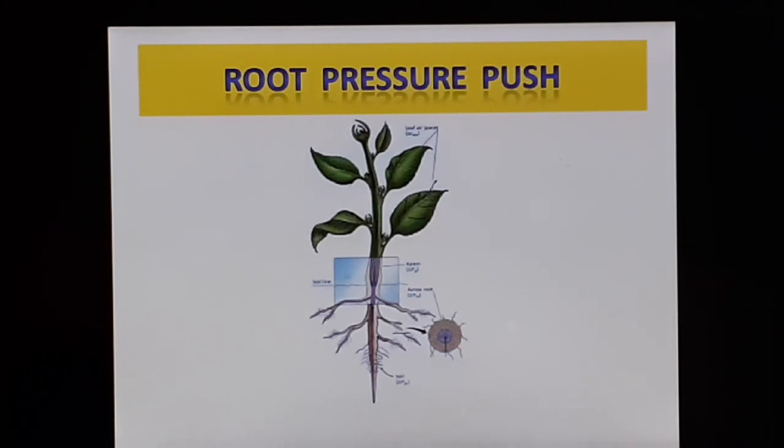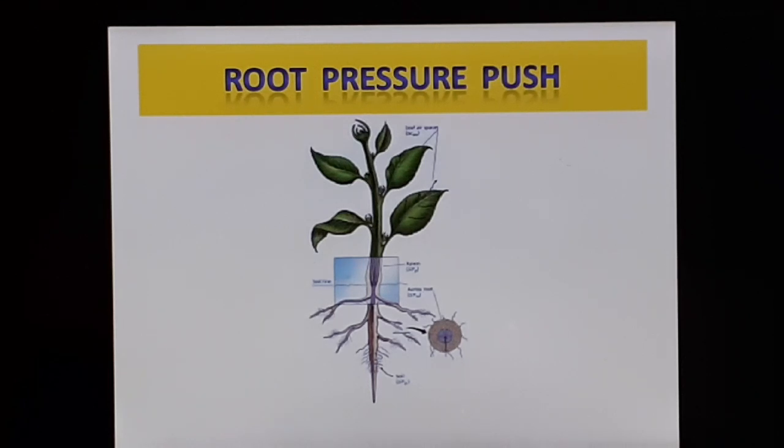When more and more mineral ions enter into the root cells, the water concentration of the root cells decreases. This creates a concentration difference. That is, the water concentration inside the cells is lower than in the surrounding soil.